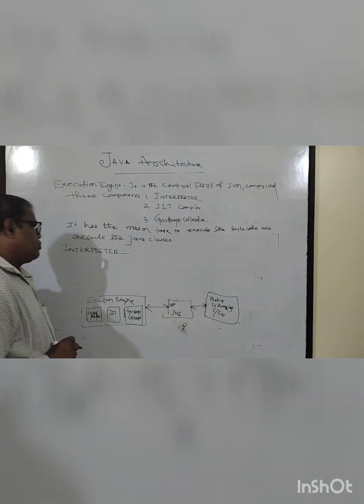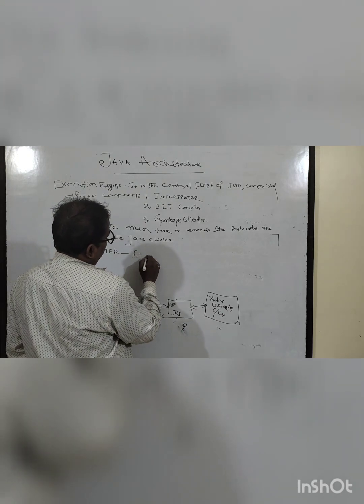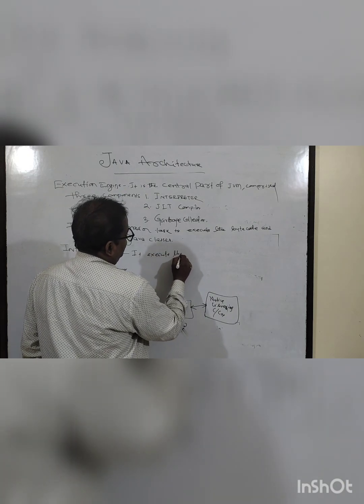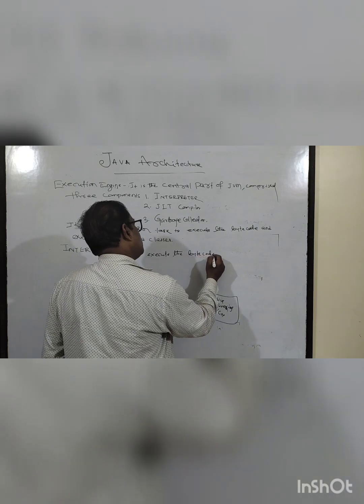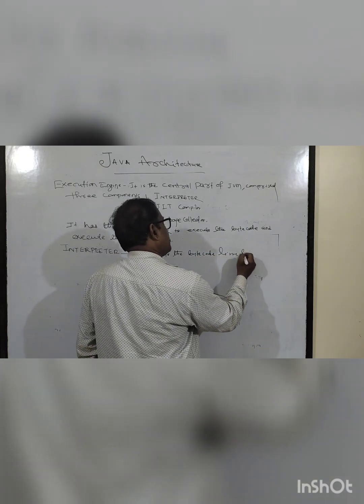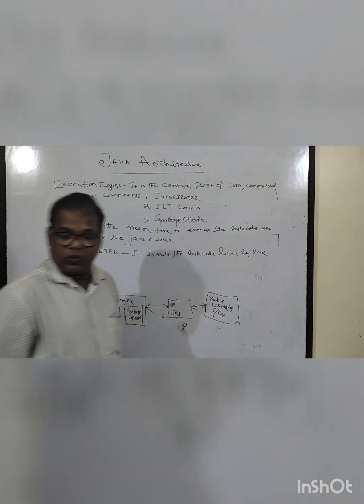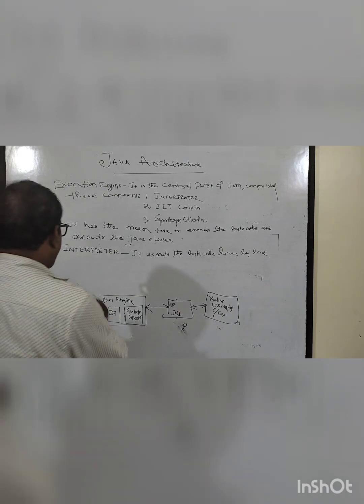So let's see, what is the role of the interpreter? It executes the bytecode line by line. It executes or interprets line by line, sequentially.